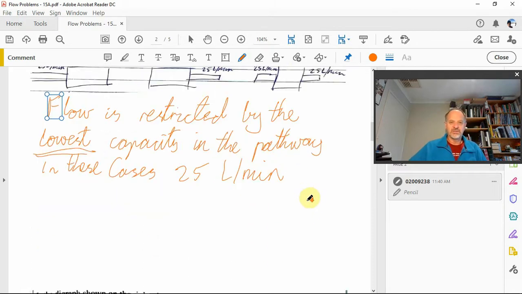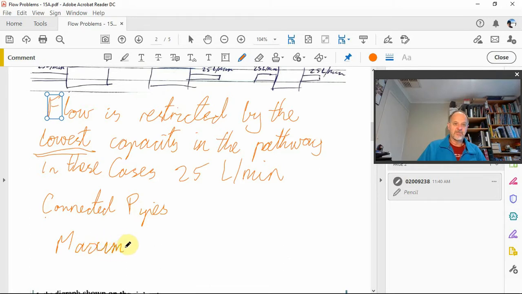All right, so you can summarise that. You can say for connected pipes, the maximum flow equals the minimum capacity.